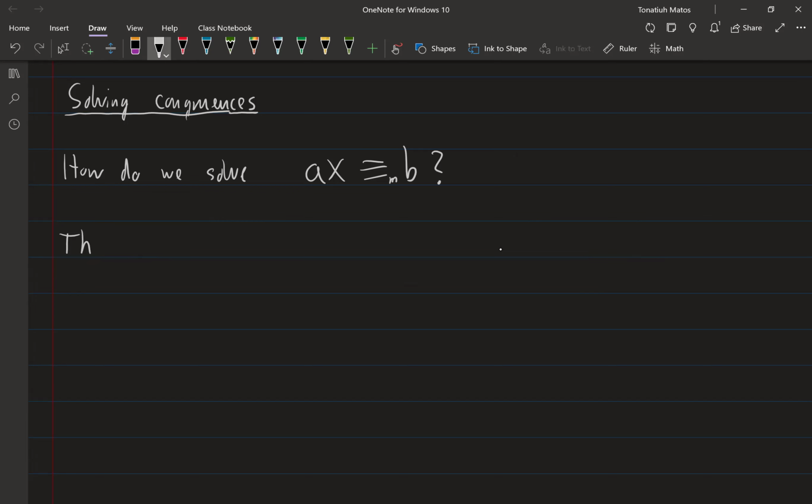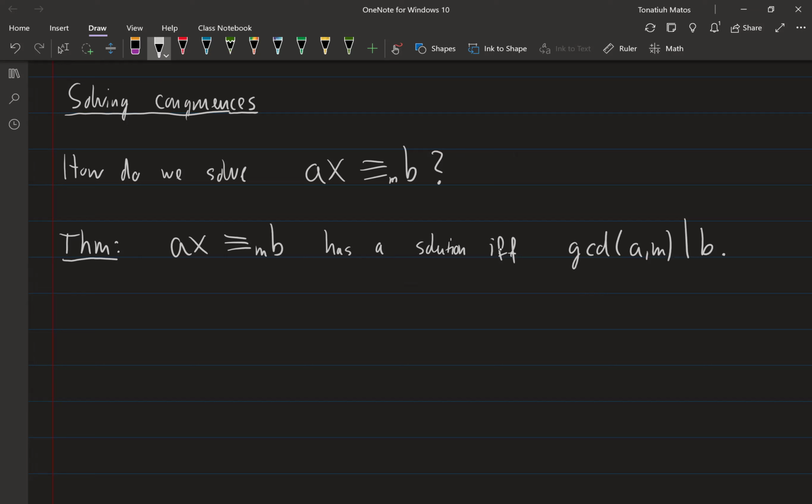Am I recording? Yes. So the theorem is as follows. AX congruent to B mod M has a solution if and only if the greatest common divisor between A and M divides B. In the case where M is a prime number, this greatest common divisor is always 1, unless A is 0, of course.